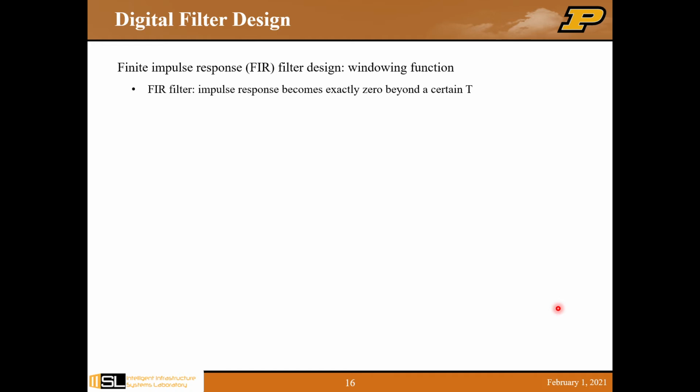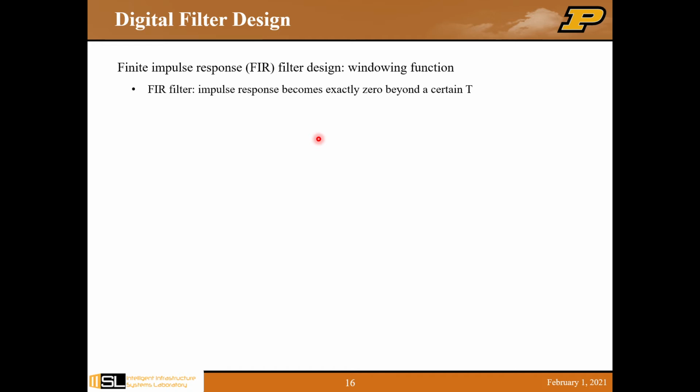Now let's think about more generalized filter design. We will use a windowing function. First of all, I would like to introduce one common type of digital filter, which is also called the FIR filter, finite impulse response. Based on that terminology, we can understand that this impulse response has a limited number of non-zero values.